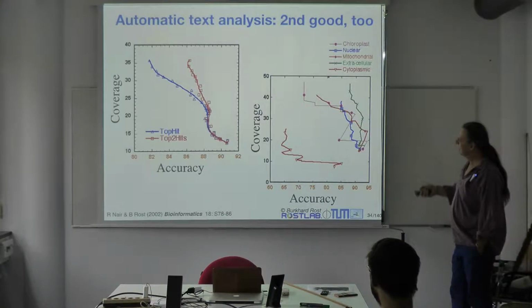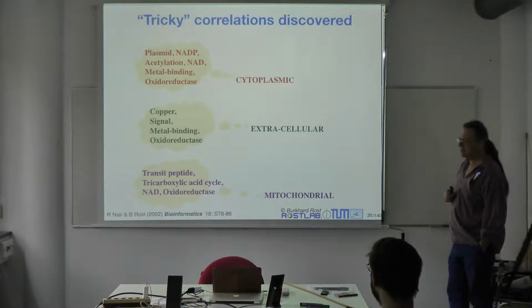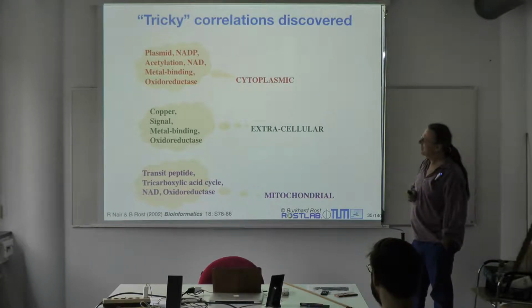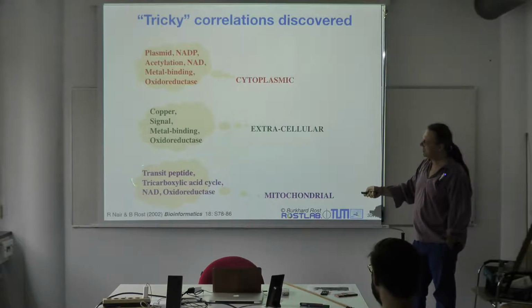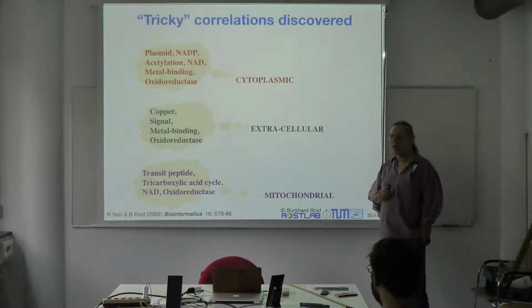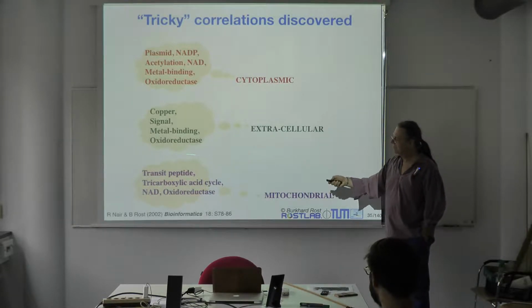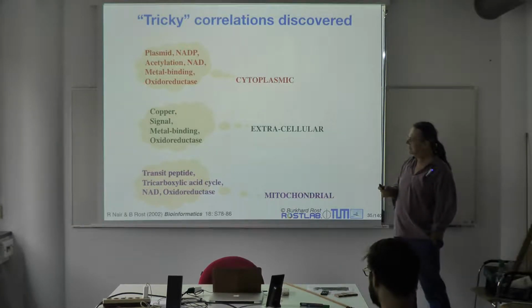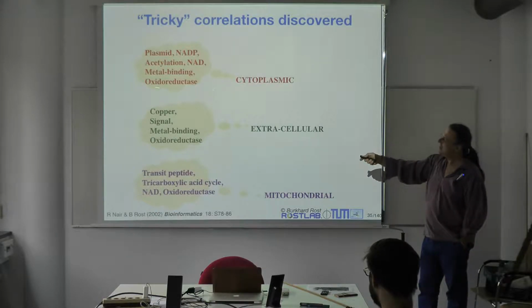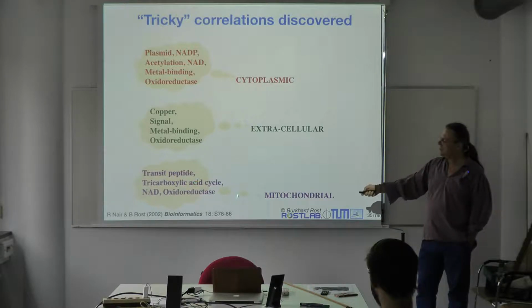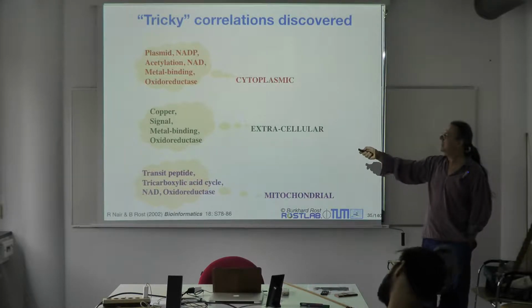So there's a slightly different level for different ones, but the method can in fact really find tricky relations that experts looking at these keywords may not have recognized. So this is a little bit easy, but here you see the oxidoreductase. Oxidoreductase alone is absolutely not enough.